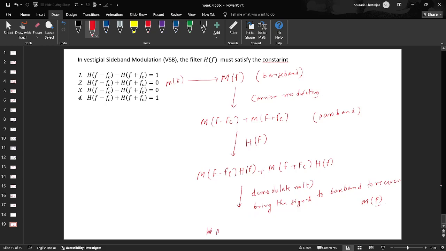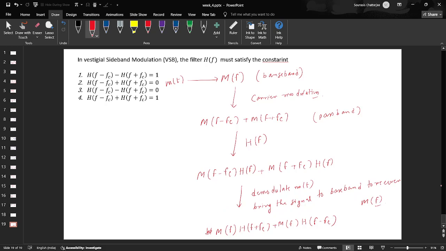We basically need to shift it. Here we have M(f−fc)H(f). If I consider this as f', for it to become M(f), H becomes H(f+fc). Similarly for this one, if it needs to become M(f), H will become H(f−fc). So this is what I mean by bringing the signal back to baseband to recover M(f).